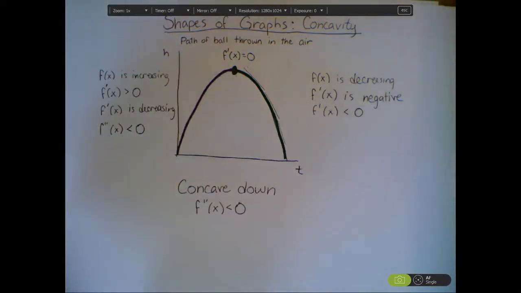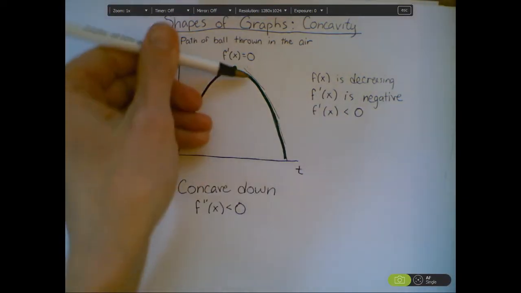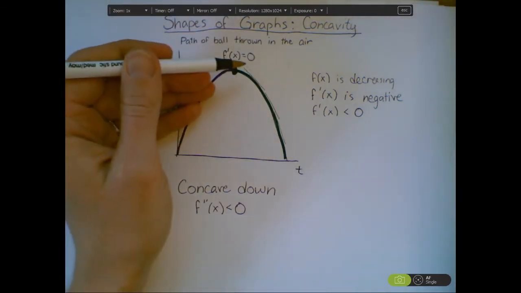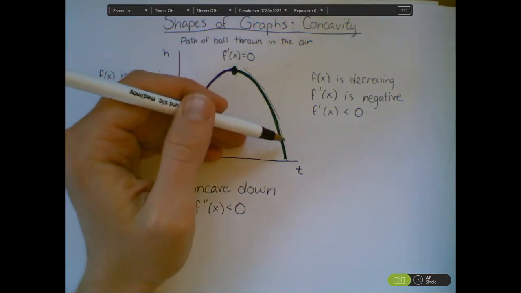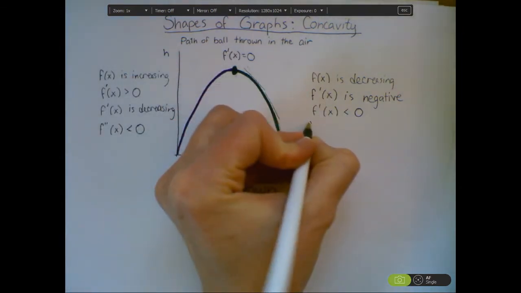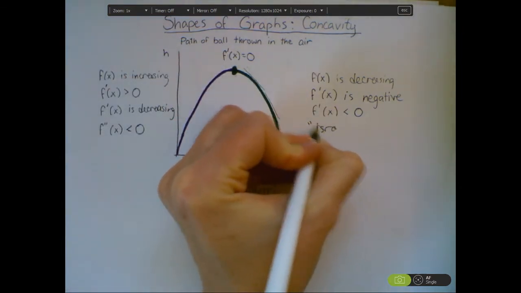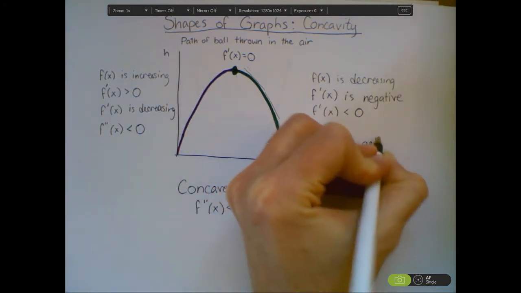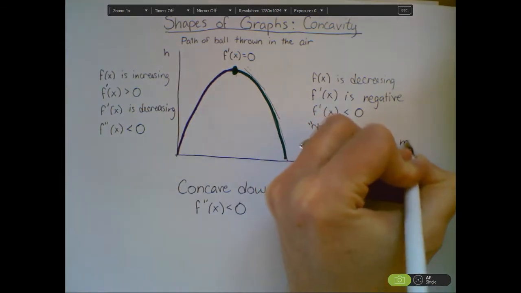But notice that our f prime of x is continuing to decrease. Well, it sort of seems like it's increasing, right? Because it's getting more and more negative. And I'll even write that down. f prime of x is getting more negative.